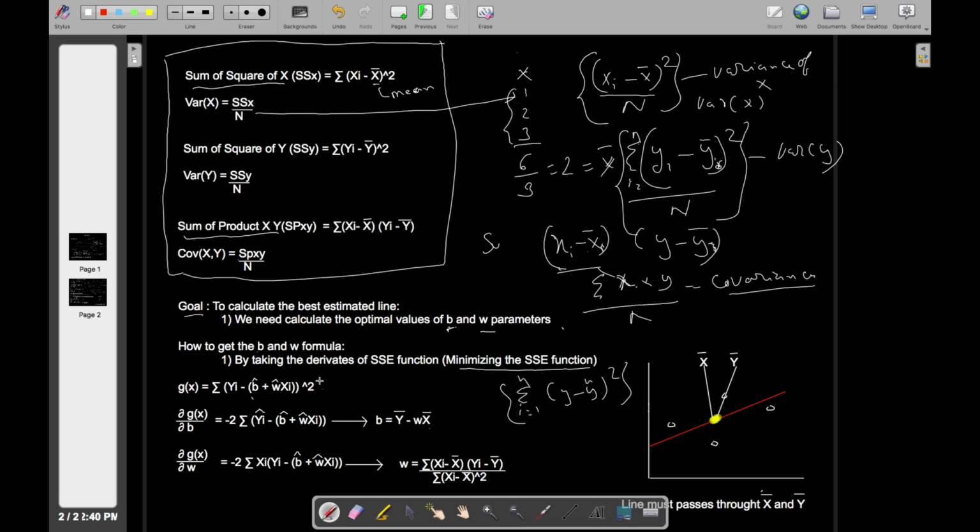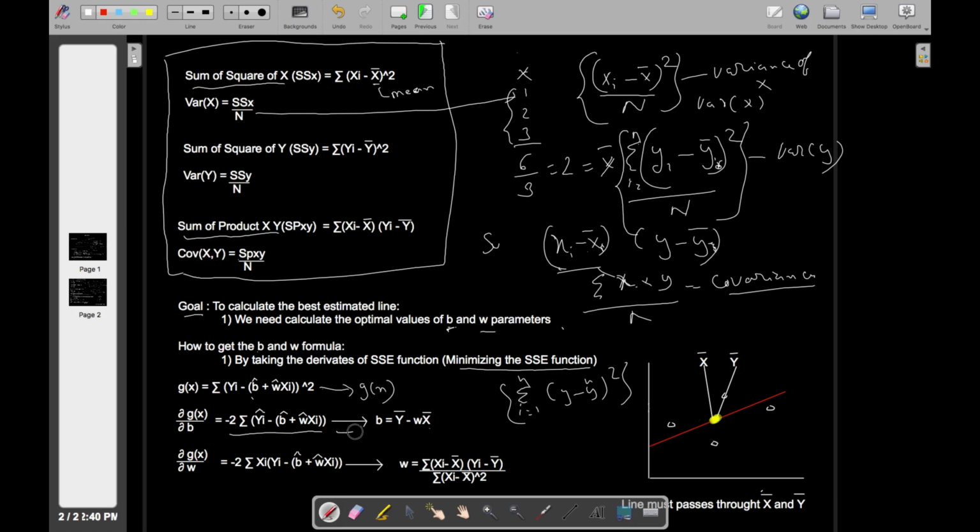And if I say this function is g, and we want to take the derivative of this function, we have to take the partial derivative of this function with respect to b, right? So we get this result.